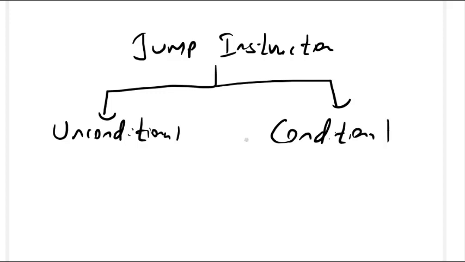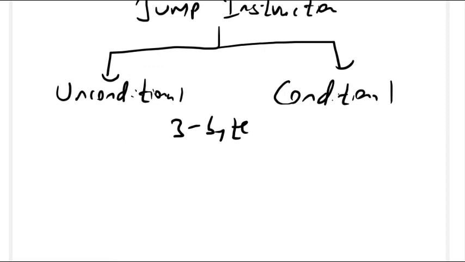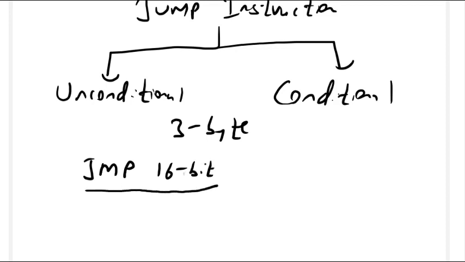Unconditional as well as conditional, all the jumps are 3 byte instructions. Let us first study the unconditional jump. The unconditional jump is given by the mnemonic JMP followed by a 16-bit address. So this is a 3 byte instruction.